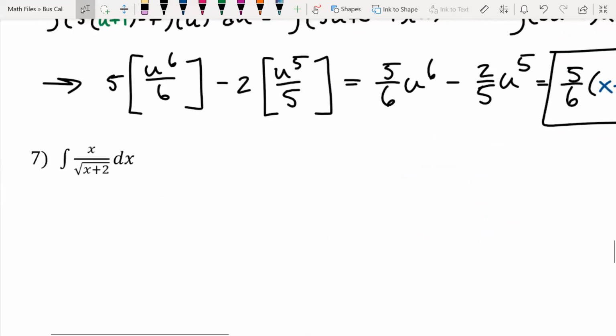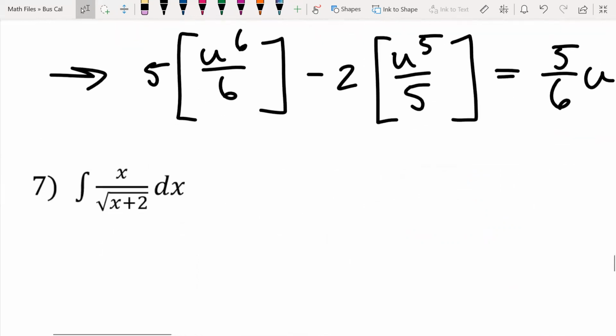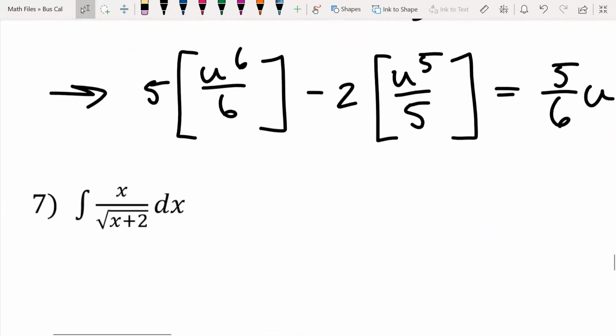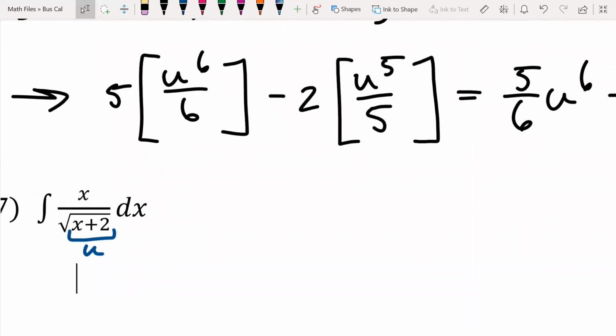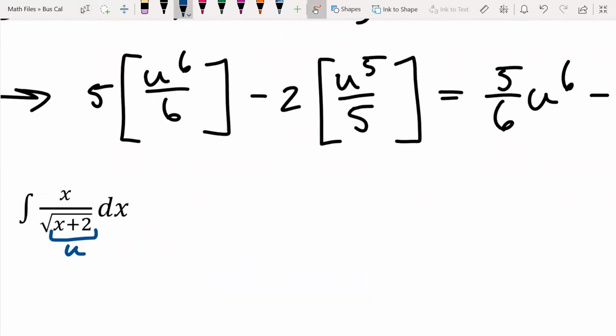Okay, 7. Integral of x over the square root of x plus 2. Well, of course, here that x plus 2 is more complicated looking than the x. So for our sub, we'll have u equals x plus 2.